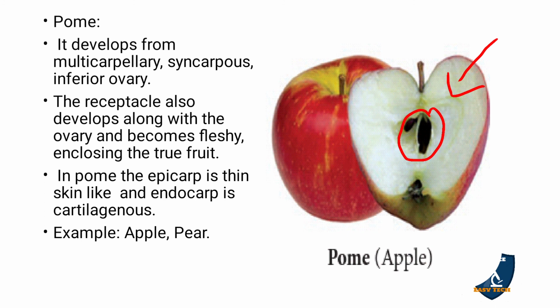What we eat is the receptacle or thalamus. In pome, the epicarp is thin and skin-like, and the endocarp is cartilaginous. Example, apple, pear.